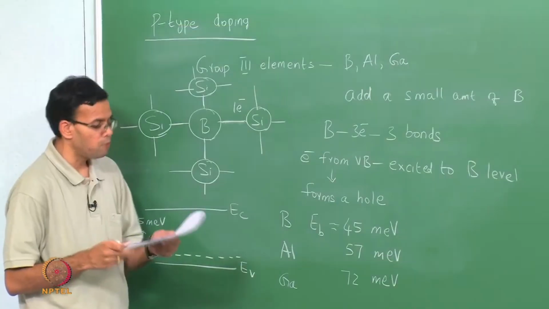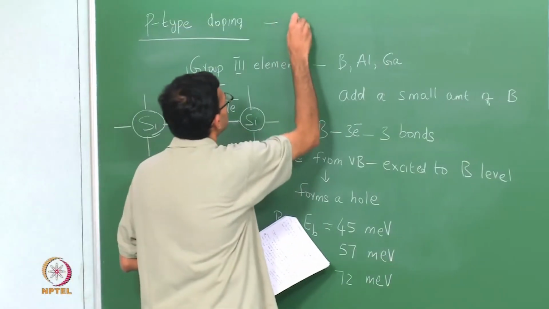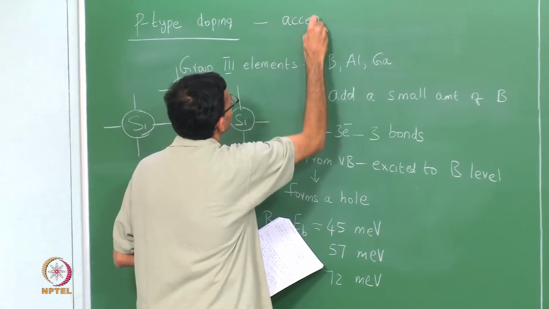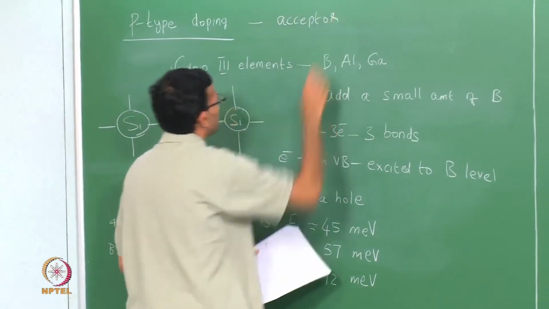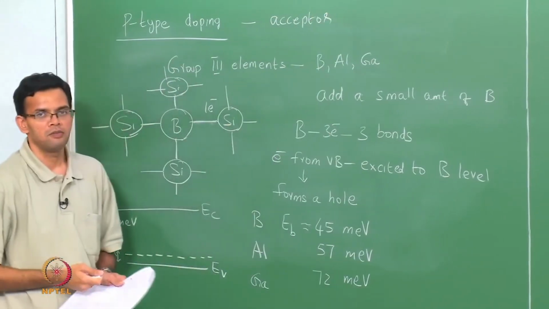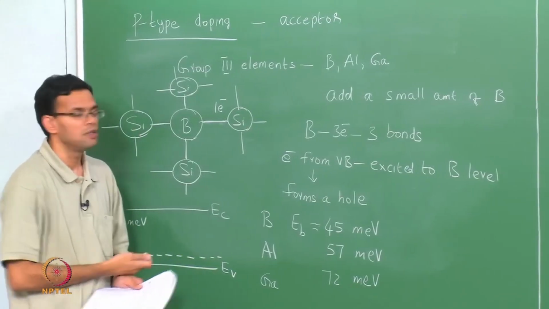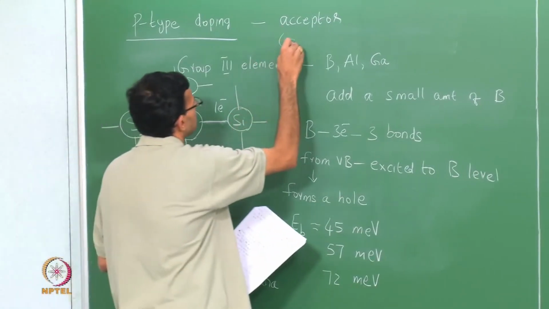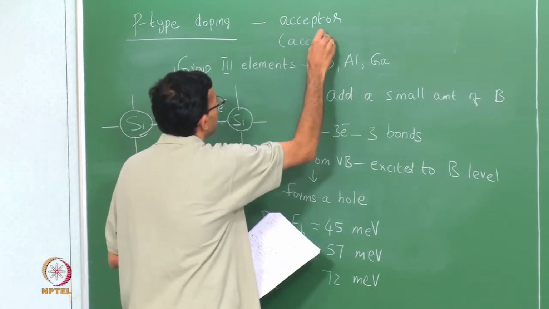A p-type dopant is called an acceptor. n-type is called a donor because it donates 1 electron; this accepts 1 electron, so it is called an acceptor.